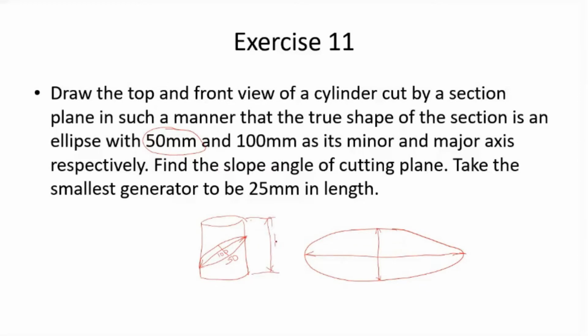We have to find it out after drawing the ellipse. Then only we will be able to find it. So let's see how this can be drawn and how the height of the cylinder can be obtained. The height of the cylinder need not be a specific value. It can vary for different people also. So let's see how this is drawn.